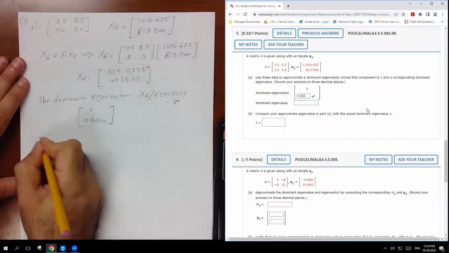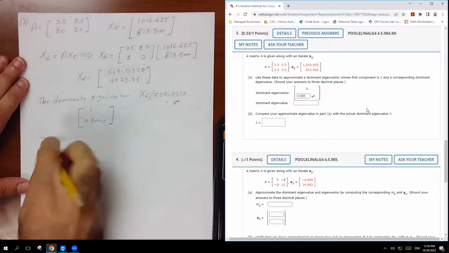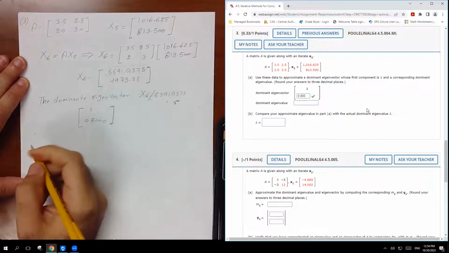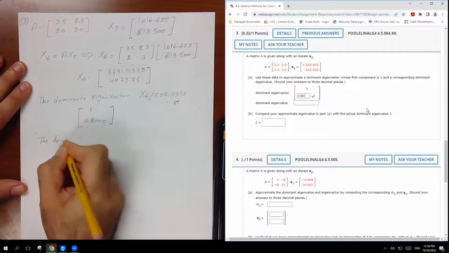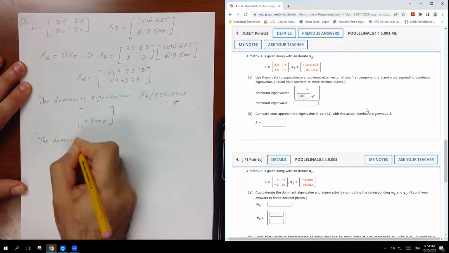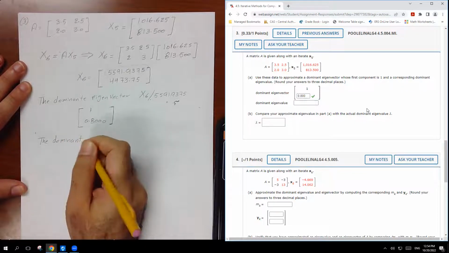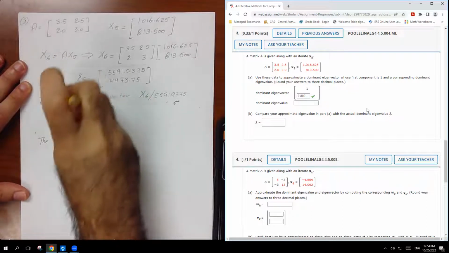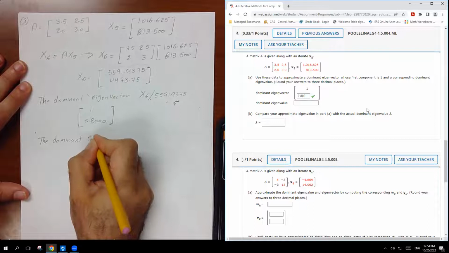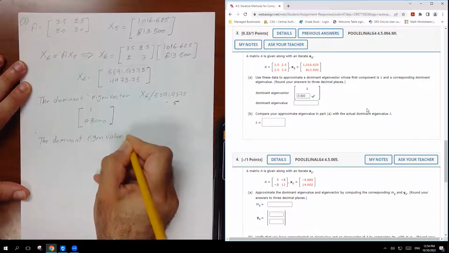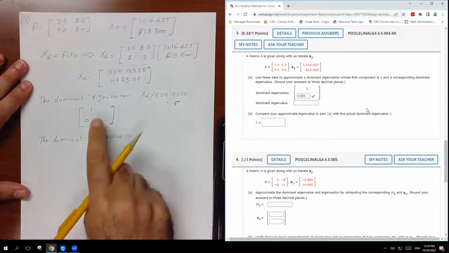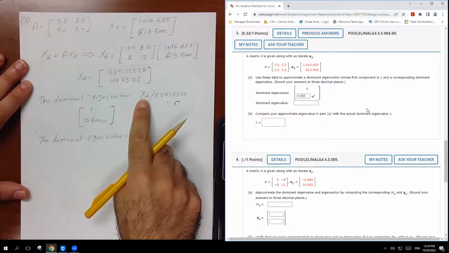So now the dominant eigenvalue: we're going to divide x6 by x5.